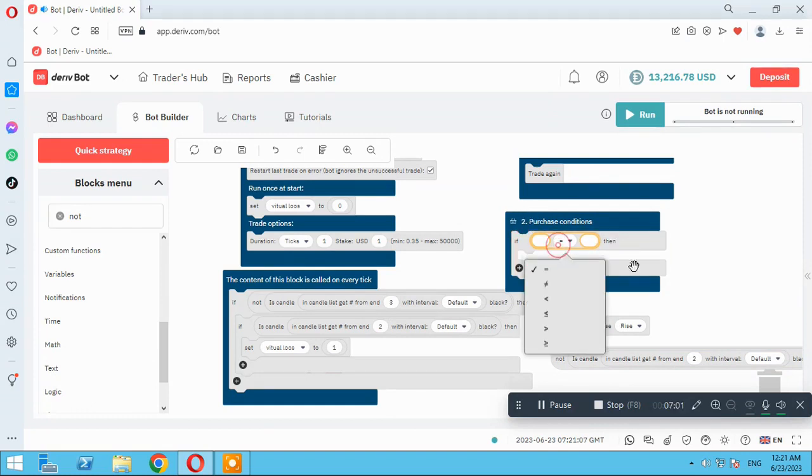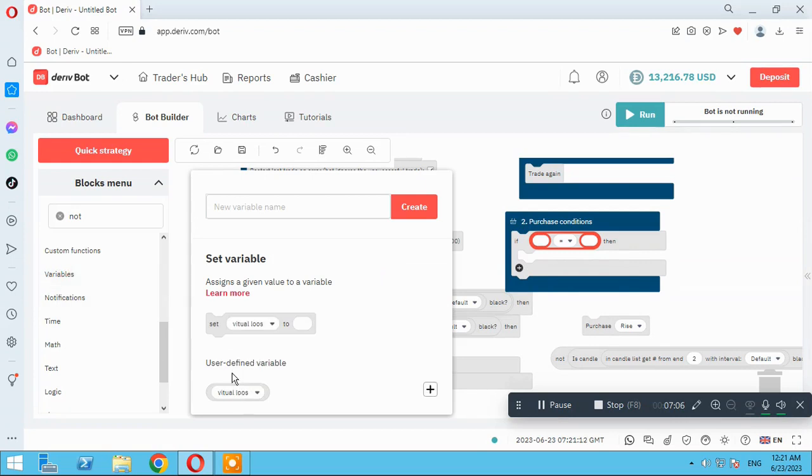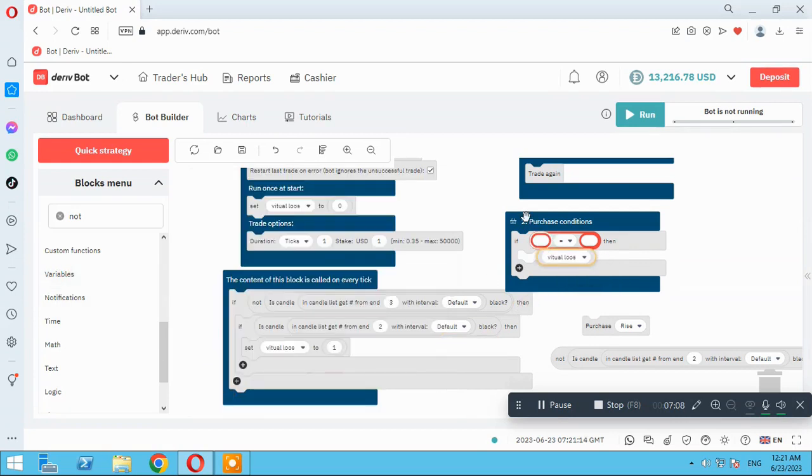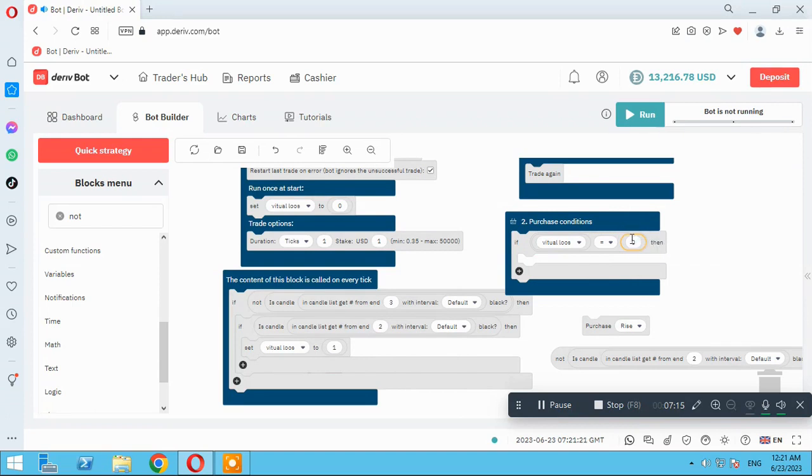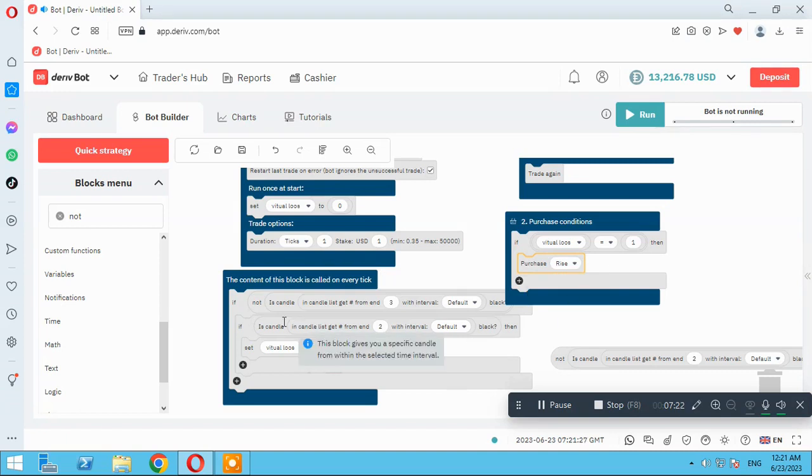If virtual loss equals 1, then purchase rise. It means this happened, then virtual loss equals 1, and if this happened, purchase rise. You can use this more and more.